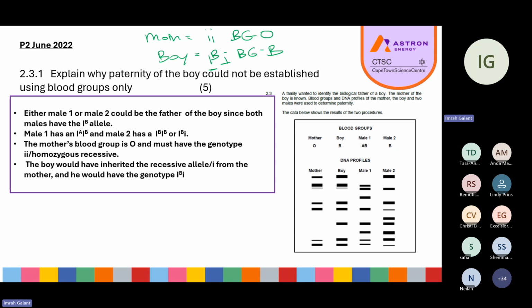The boy would have inherited the recessive allele from the mother, and he would have the genotype there. Okay. So who is the biological father of the boy? How do we determine that?